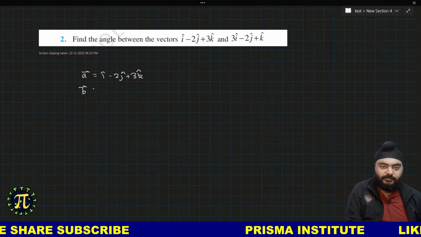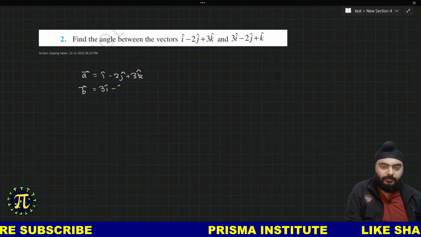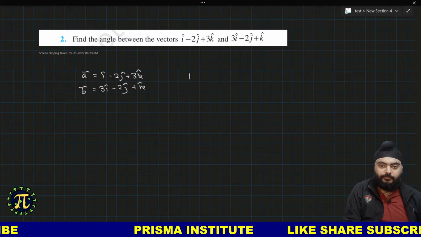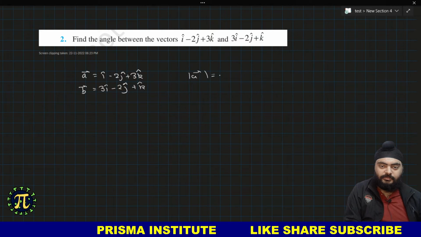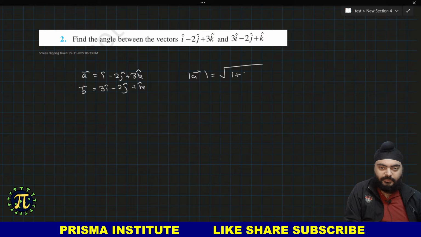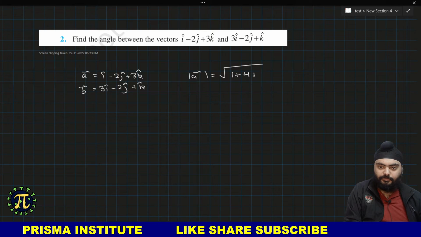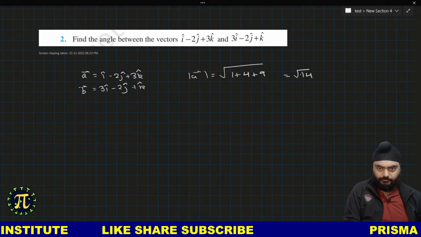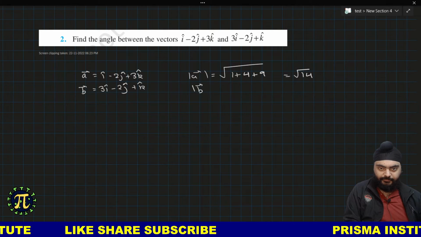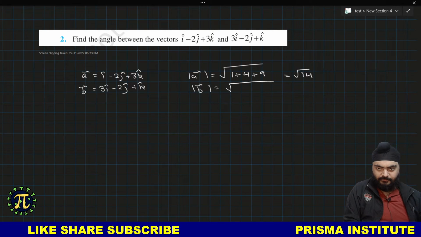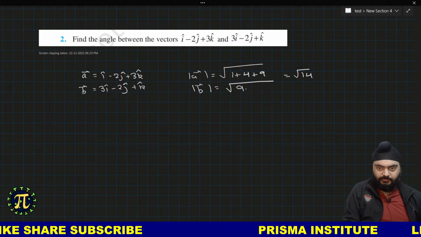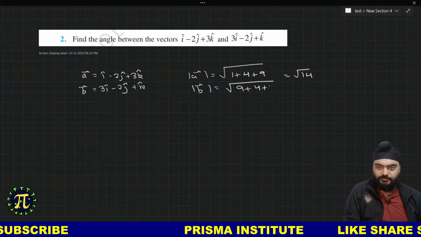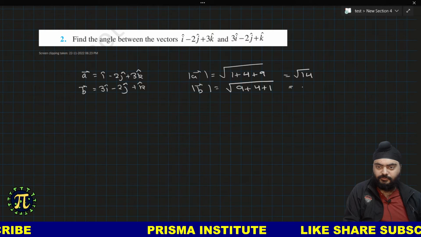B vector is 3i cap minus 2j cap plus k cap. The length of A vector is square root of 1 plus (minus 2) square which is 4, plus 3 square which is 9, which is √14. The length of B vector is 9, so 3 square, minus 2 square is 4 and 1 square is 1, so this is also √14.